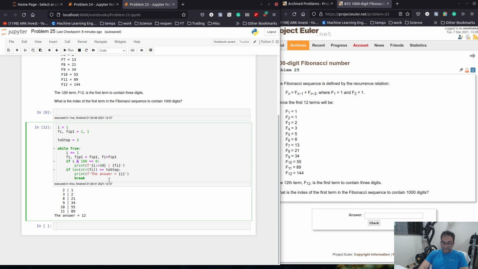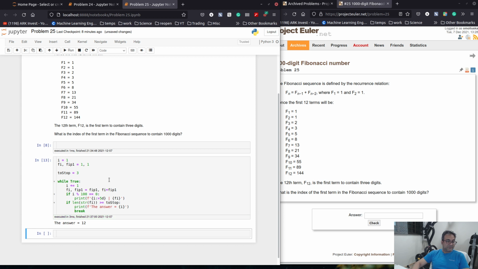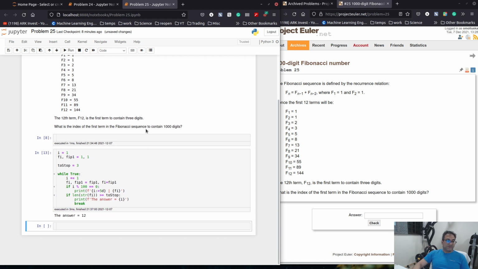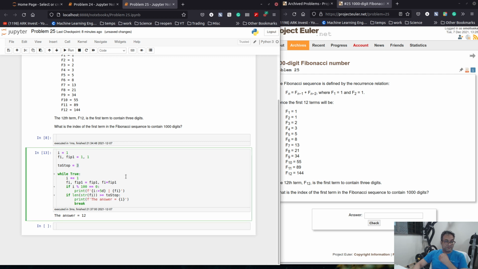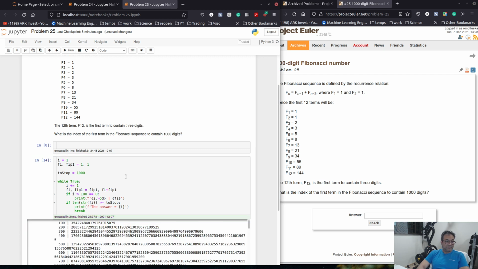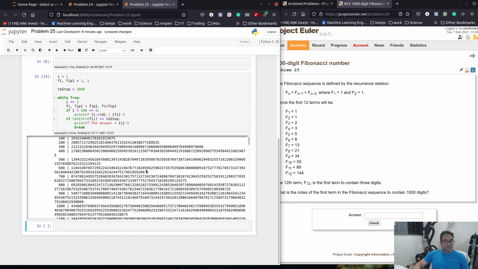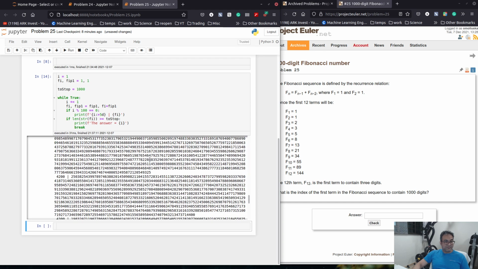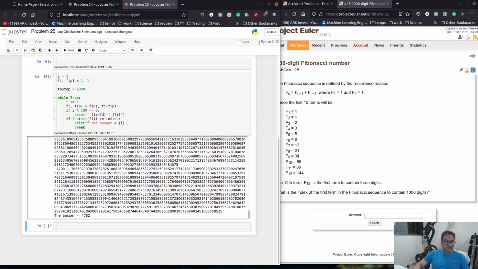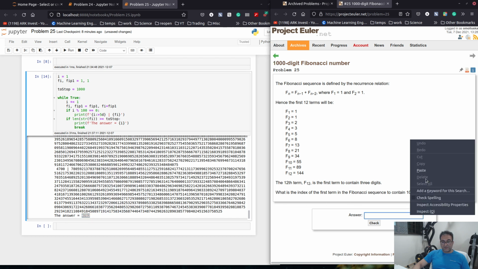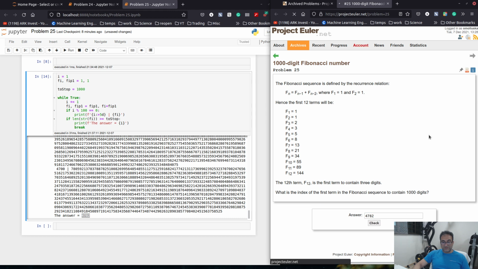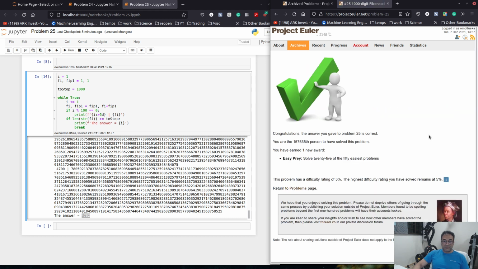Okay, now instead of stopping at 3, we want to stop at 1000. It did print something, so that's the answer. It stopped at 1000, and that is the Fibonacci number.